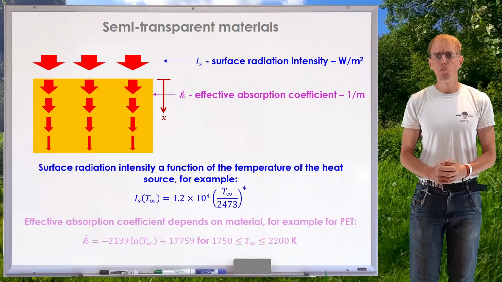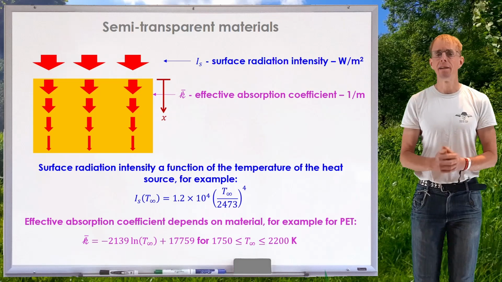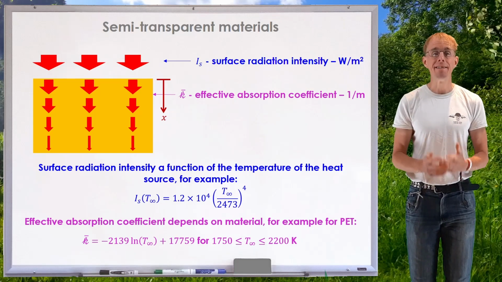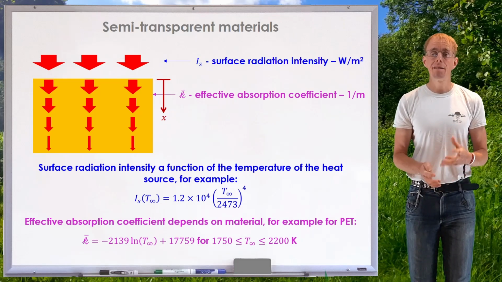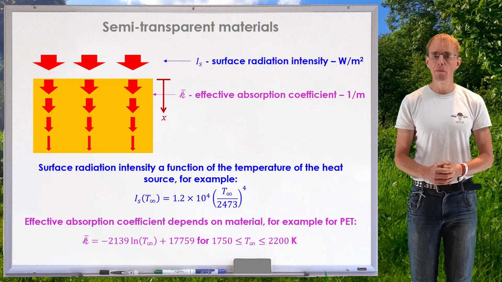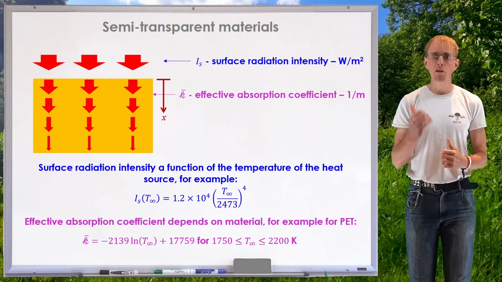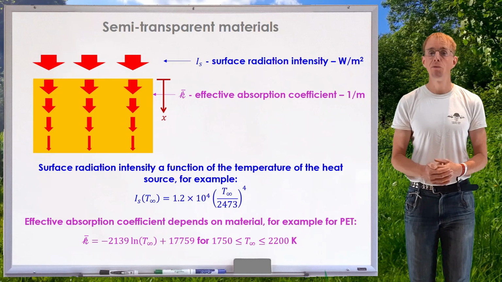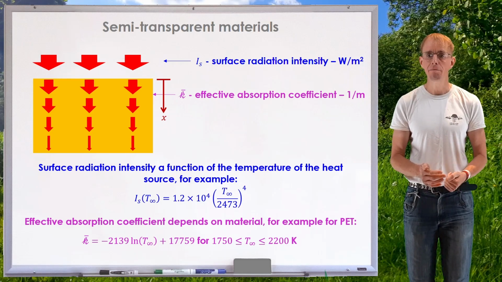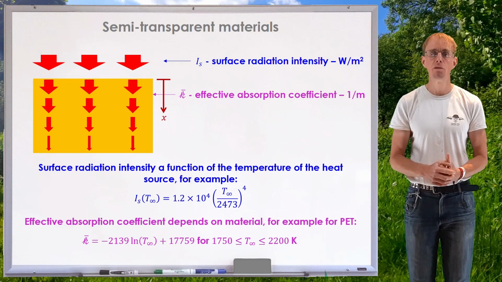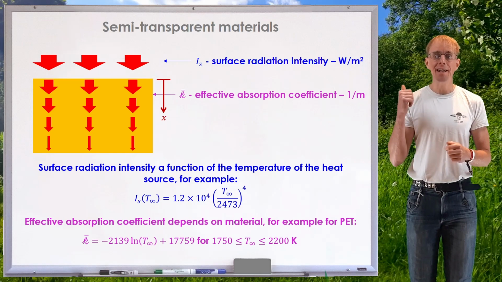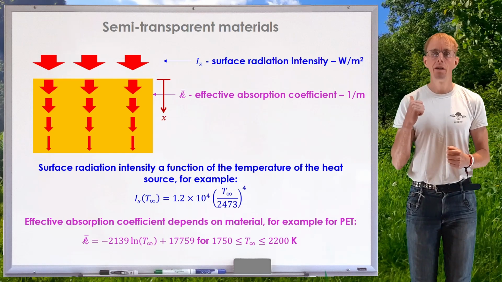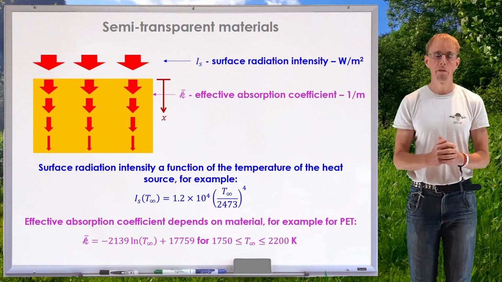What about the effective absorption coefficient? Well, we might expect that to have a material dependency, and indeed it does. And literature on this tends to be a little more sparse, but on the board I've put an example of that effective absorption coefficient for polyethylene terephthalate, PET, or polyester as it might be generically known. And we can see again it has a dependence on the temperature of the source.